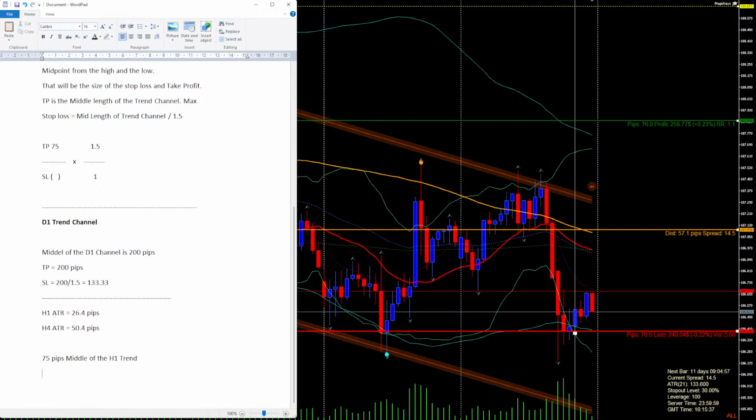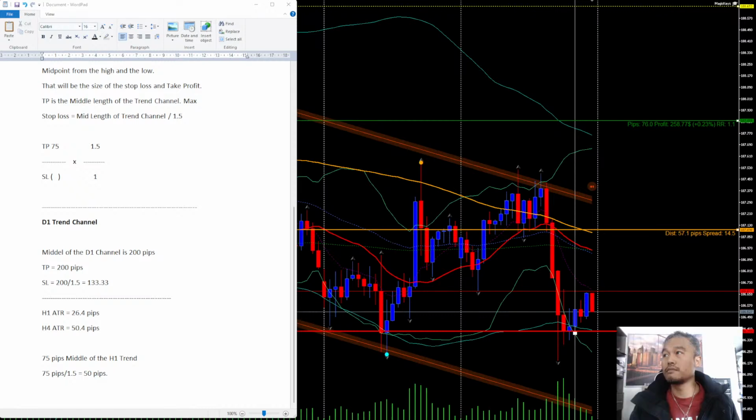So 75 pips divided by 1.5 equals 50 pips. And that's how you get the size of the stop loss, which equals 50 pips.